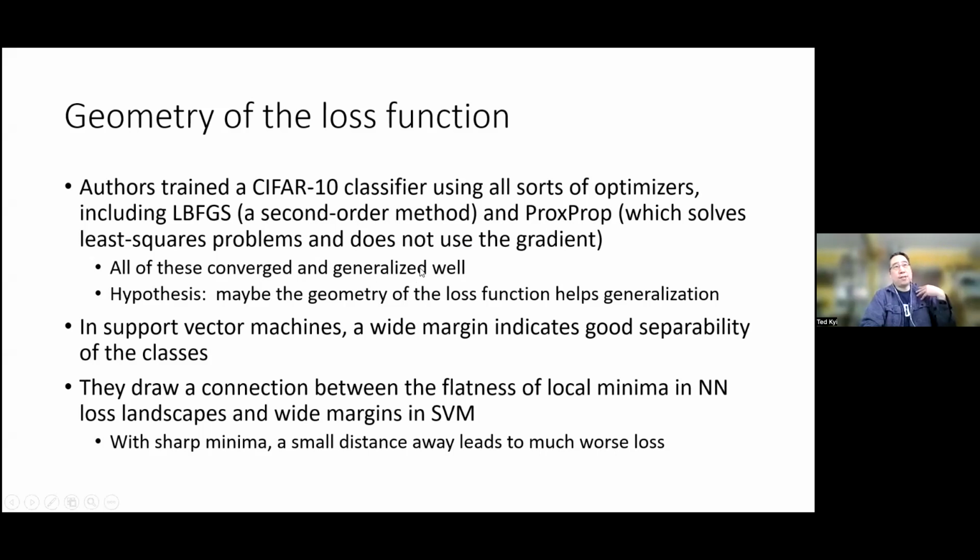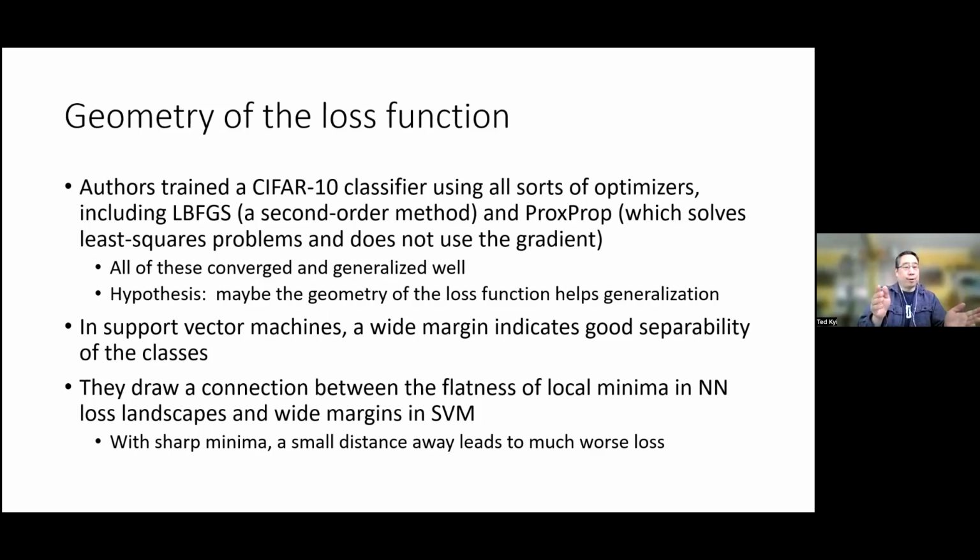So they said, okay, if it's not the neural network architecture, and if it's not the particular optimizer algorithm we're using for gradient descent, then our new hypothesis may be that something about the geometry of the loss function is what's helping us with generalization. The analogy they give is that in a support vector machine, we have this idea that a wide margin indicates good separability of classes.